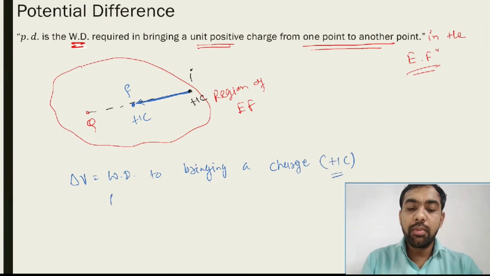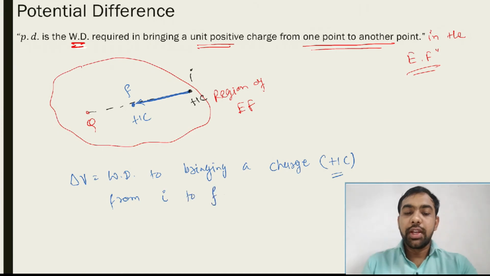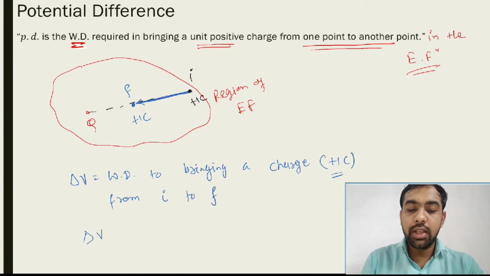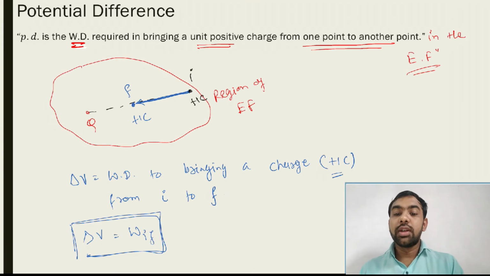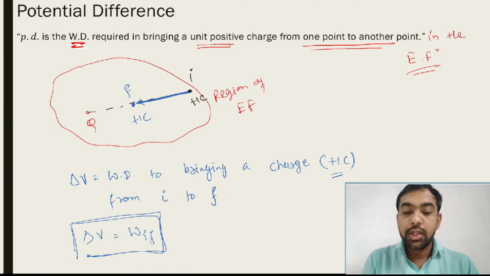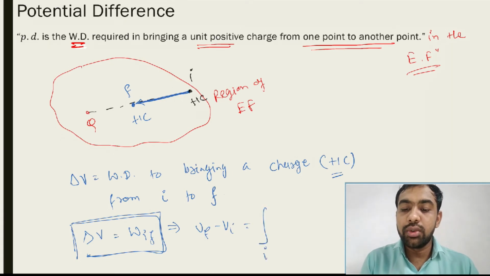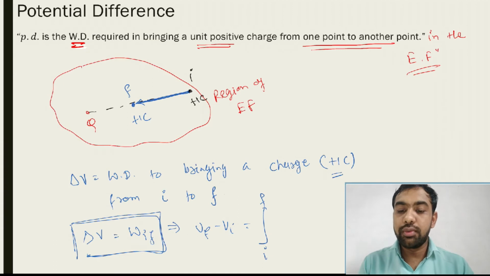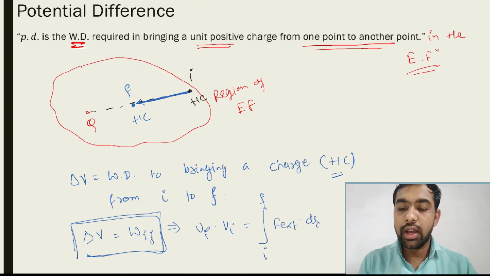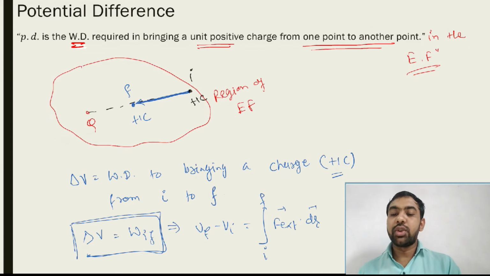Unit charge, from I to F. It means delta V is equal to W_IF. Okay, so V final minus V initial is equal to the integral from initial to final of F external dot dr.